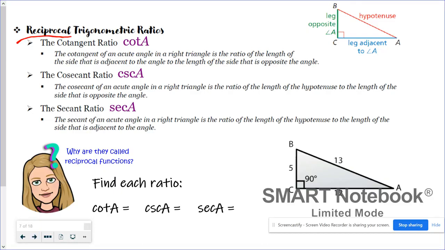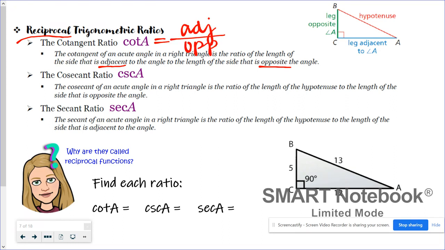Cotangent, abbreviated COT, right? COT of angle A. The cotangent of an acute angle in a right triangle is the ratio of the length of the side adjacent to the angle and the side opposite that angle. So cotangent is the adjacent over the opposite.